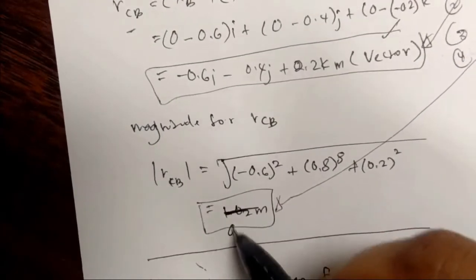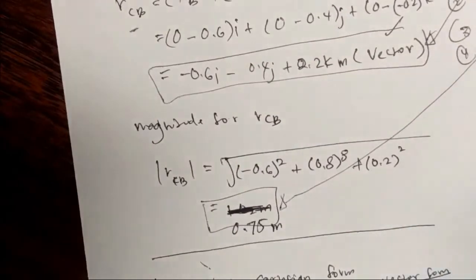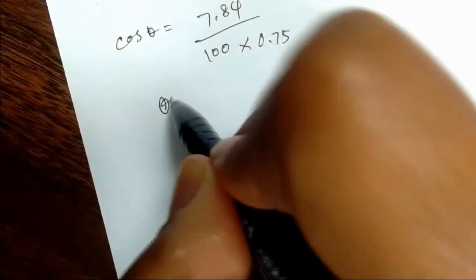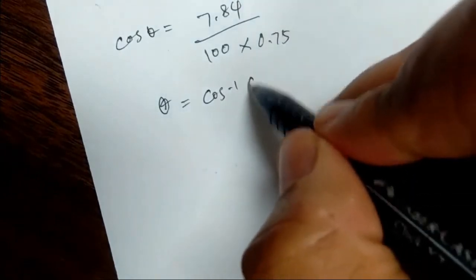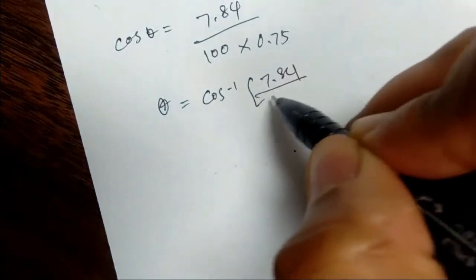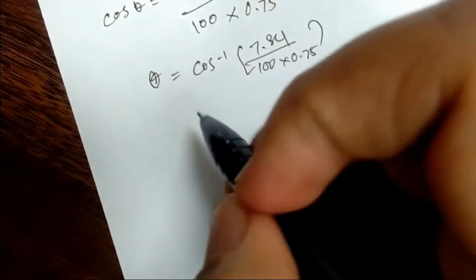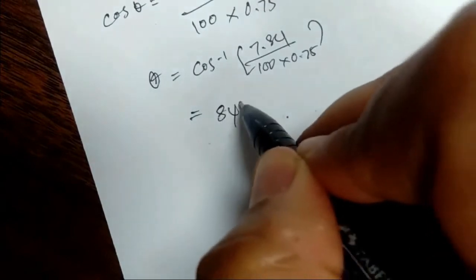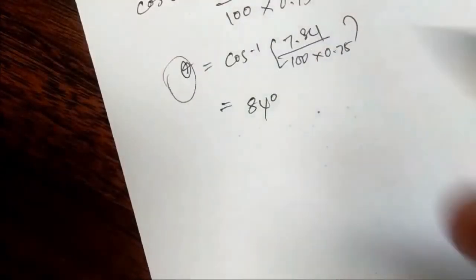RCB is 0.75. Sorry, 0.75 meter. Okay, so multiply with 0.75 meter. So for theta, you take the cosine inverse, and you will get theta is 84 degrees. Okay, so you get the theta.